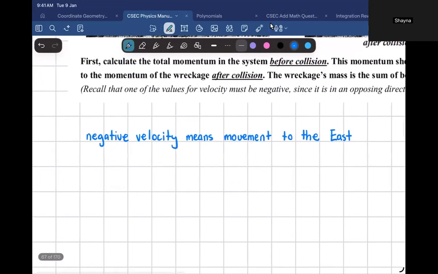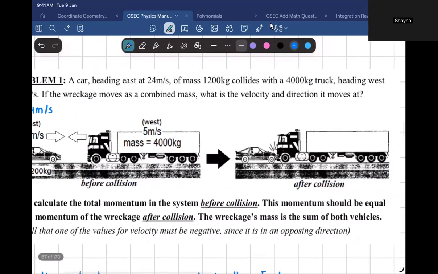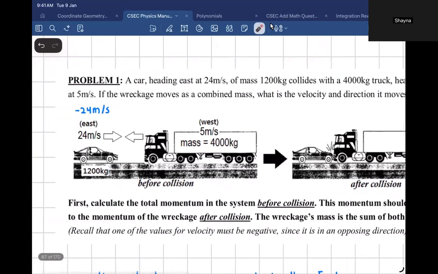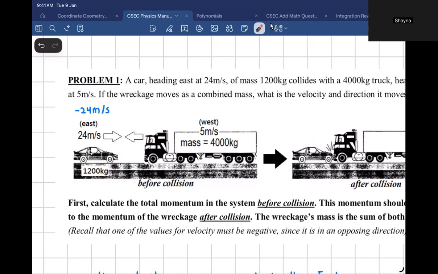Right. So in the question, they said that after the collision, it will be moving as a combined mass, right? Yes, sir. Now, just by looking at this, which one do you think will have a greater momentum? The truck, I think.